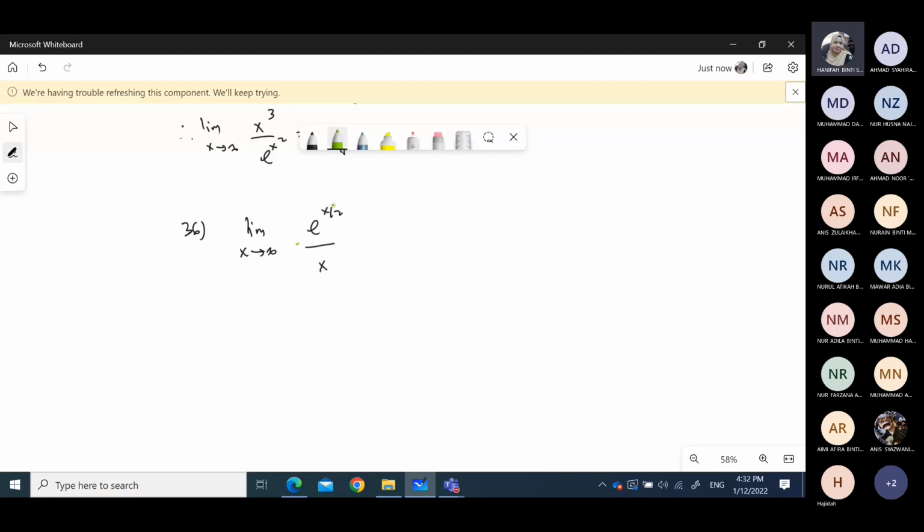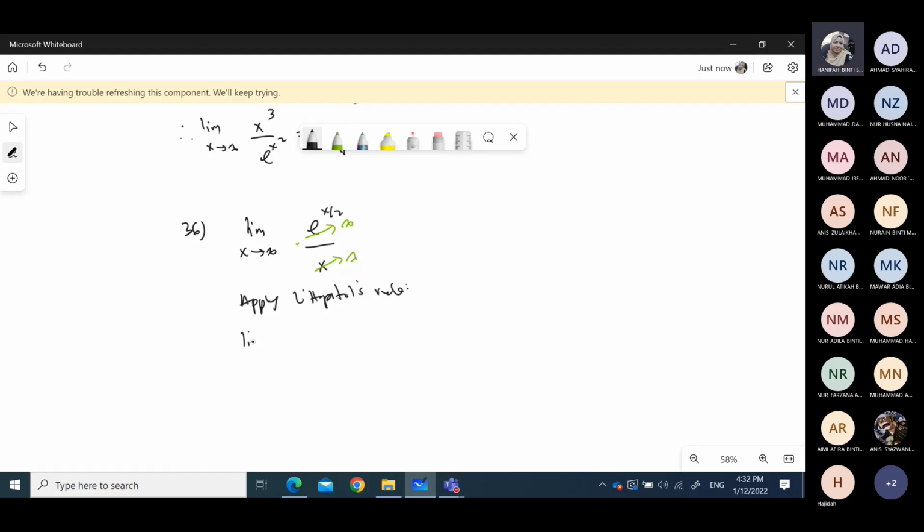So this is an indeterminate form of type infinity over infinity. Now we need to apply L'Hopital's rule.